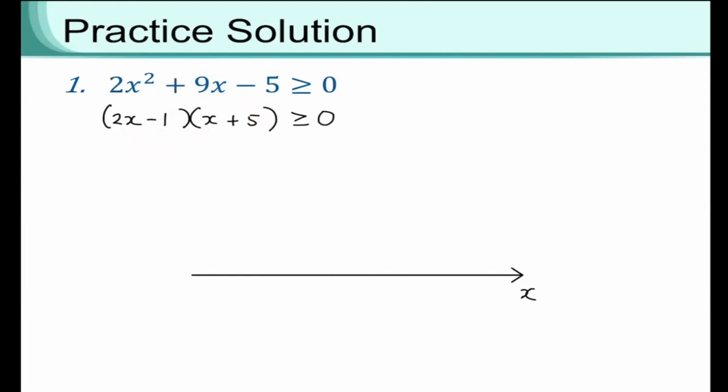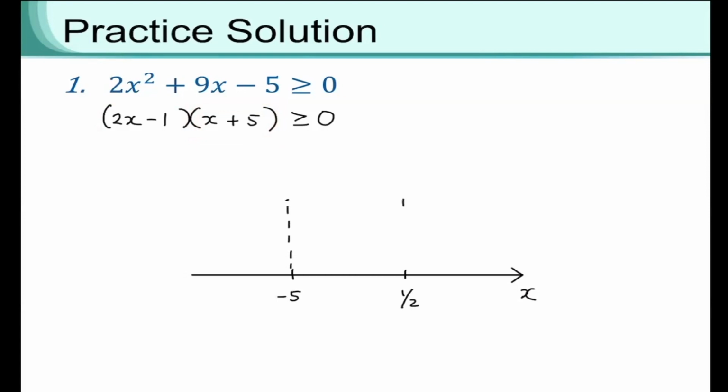So the values of x that will make the left-hand side 0 are, of course, this first factor is equal to 0 when x is equal to 1/2. And this second factor is equal to 0 when x is equal to negative 5. So we have to exclude these numbers, negative 5 and positive 1/2, because the left-hand side has no sign.